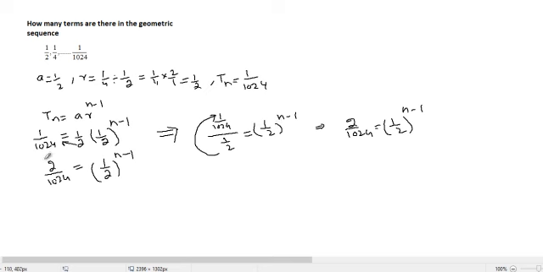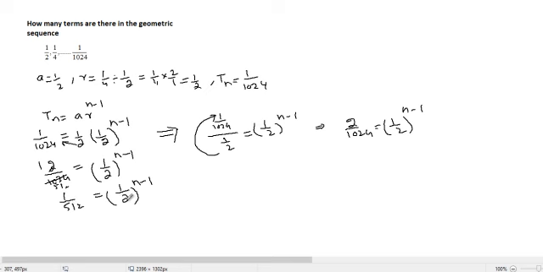After simplifying, it will be 1 over 512. 2 1s are 2, and 2 5s are 10, 2 2s are 4, so 512. So 1 over 512 equals 1 over 2 raised to power n minus 1. Now the next thing is to make the same base on both sides.